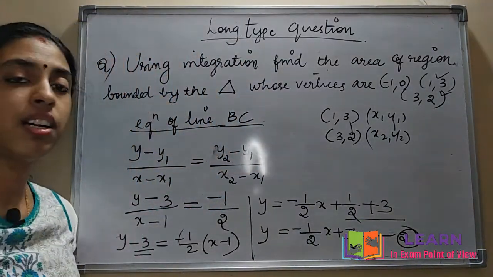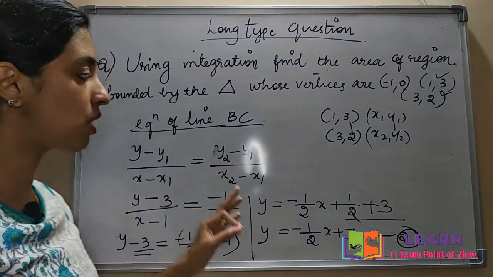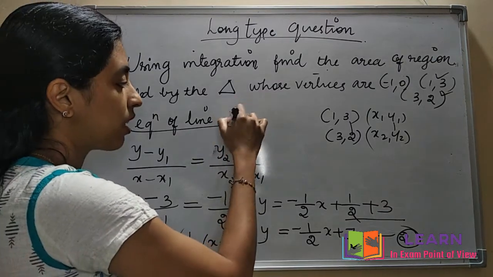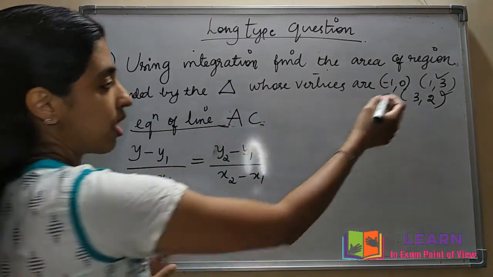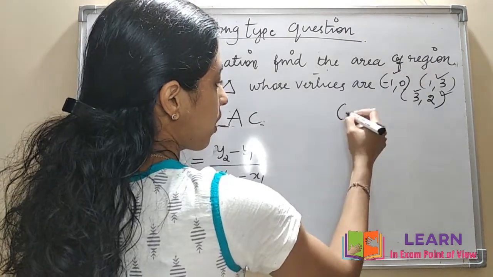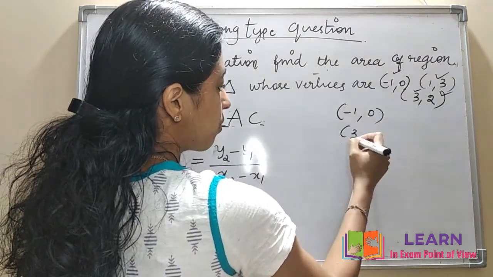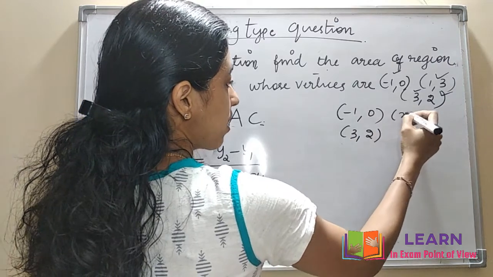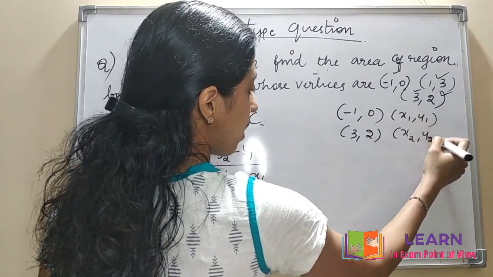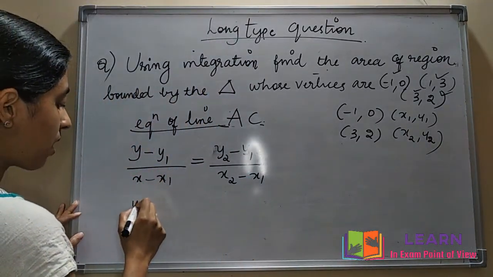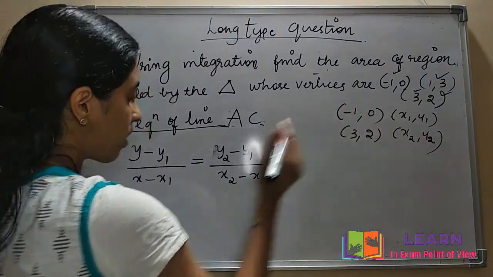So we got two equations. So the third equation, line AC. Okay. So AC. This and this are the coordinates, minus 1, 0 and 3, 2. Let this be x1, y1 and this be x2, y2. Okay. So y minus y1. y1 is what? 0.